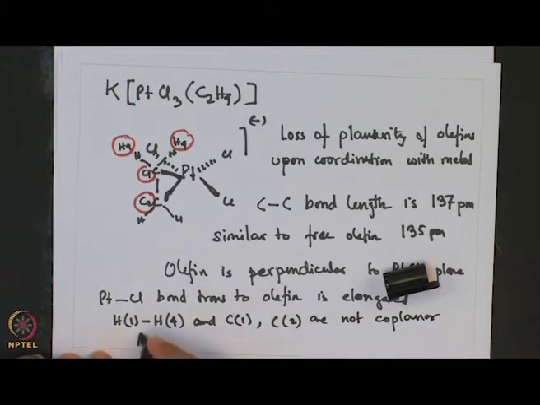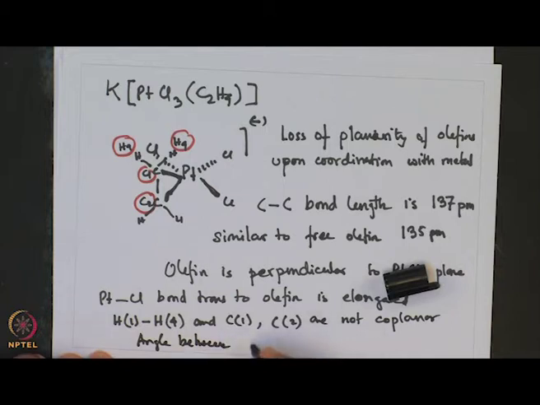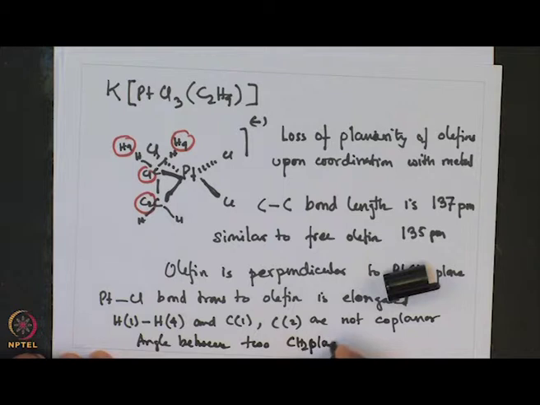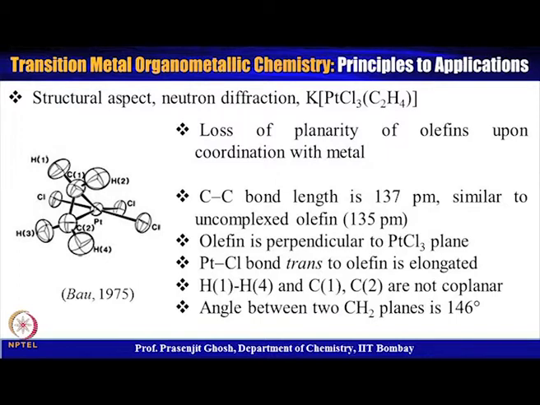And the angle between two CH2 planes is 146 degrees. So, here is a nice example where one can look at the structural parameters of the olefin after it binds to the metal center, and this has been done by the structural characterization of the Zeise's salt, where we saw that there is a loss of planarity of olefin upon binding.